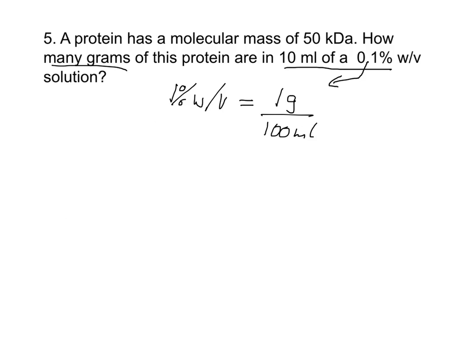So if we have a 0.1% solution, weight per volume, it means that we have 0.1 gram per 100 milliliter.